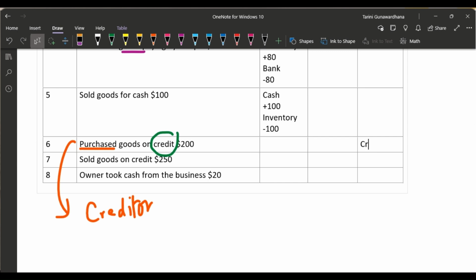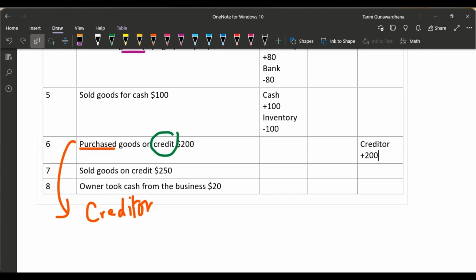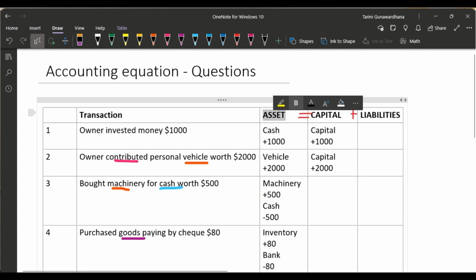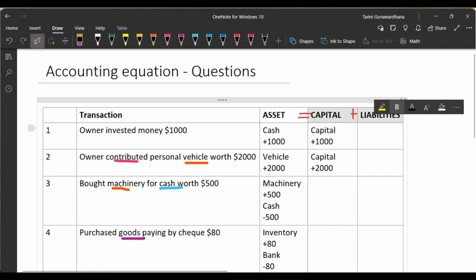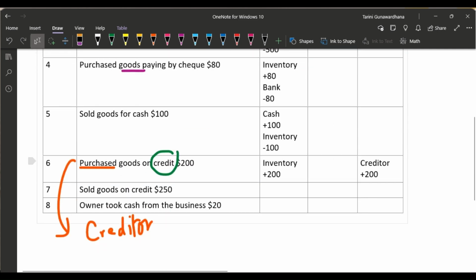The liability increases because someday we will have to pay $200. So creditor plus 200, under liability. And we purchased goods on credit, so we have inventory plus 200. Do you see how the equation balances? Left hand side of the equation is equal to the right hand side. Liabilities plus 200, assets plus 200.